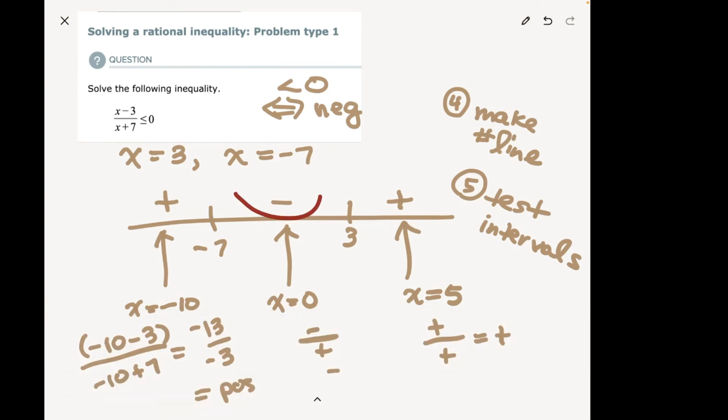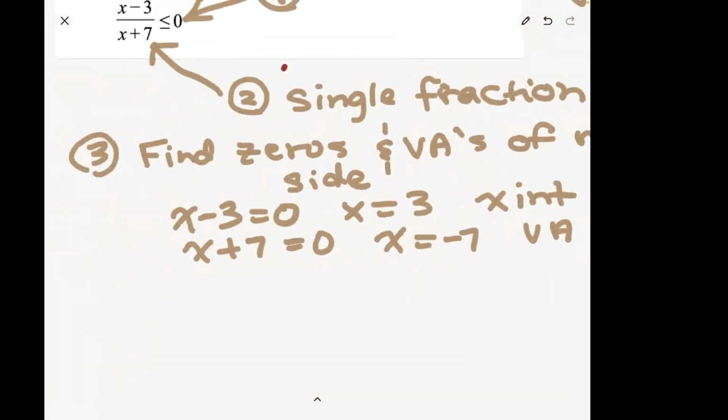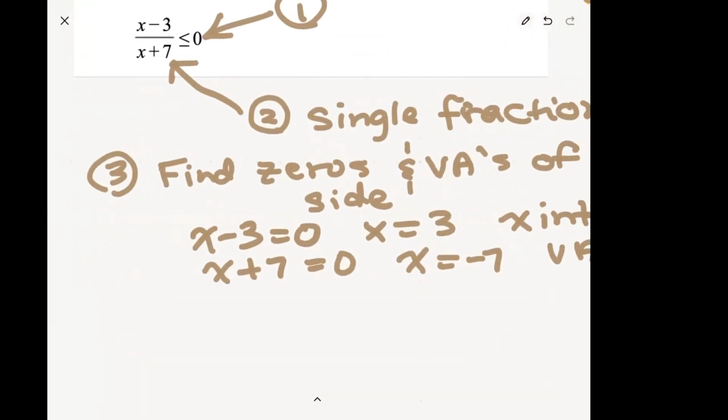Now I need to worry about my endpoints. I'm going to remind myself that x equals -7 was a vertical asymptote. Sometimes it's handy to put a dotted line through there to remind myself. If I plug x equals -7 into the fraction, I get -7 minus 3 over -7 plus 7, so I get -10 over 0.